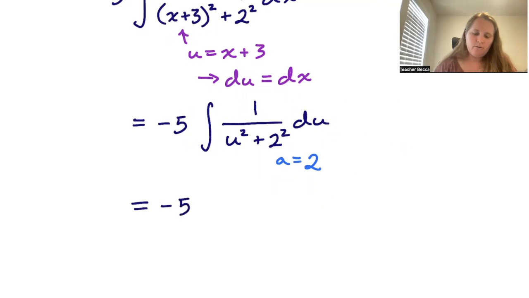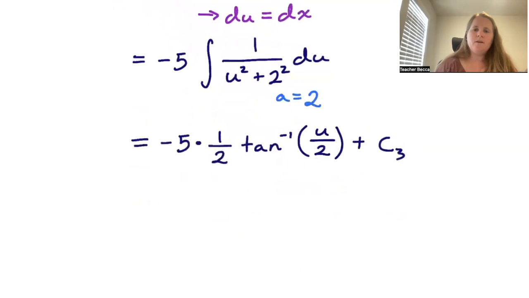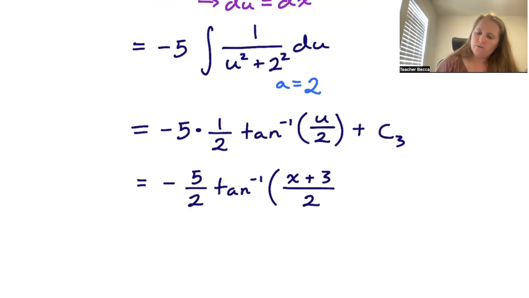We get negative 5 times 1 over 2 times tan inverse of u over 2 plus c3. Plugging back in our u, we have negative 5 halves tan inverse of x plus 3 over 2, and then plus c3.